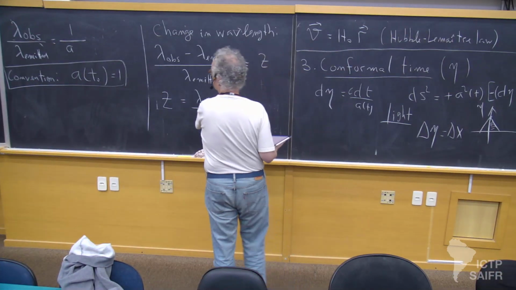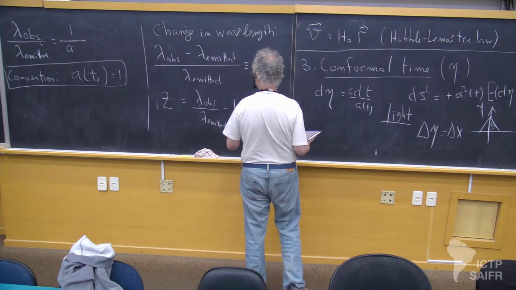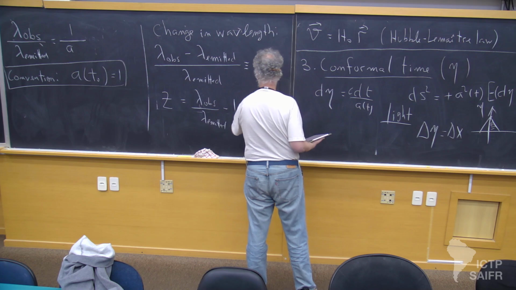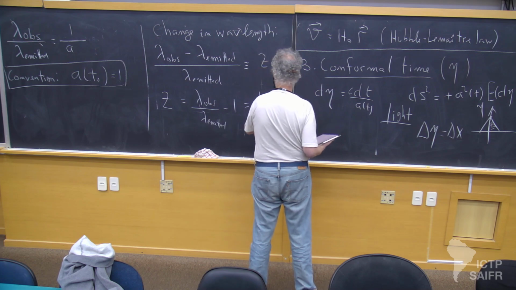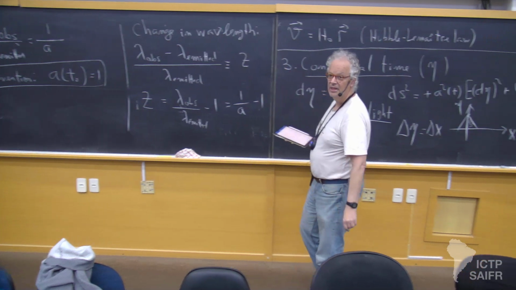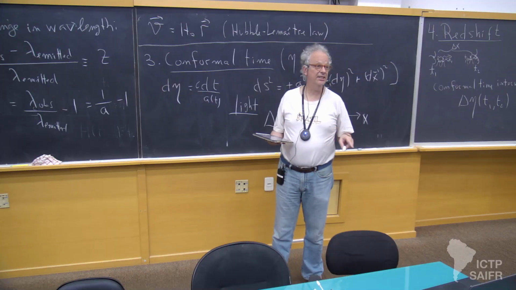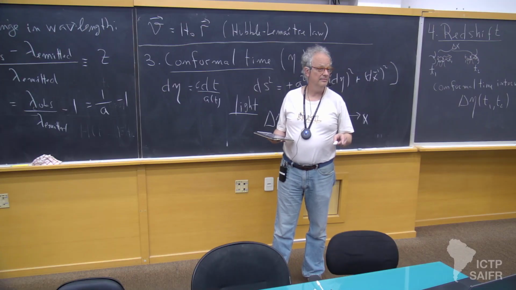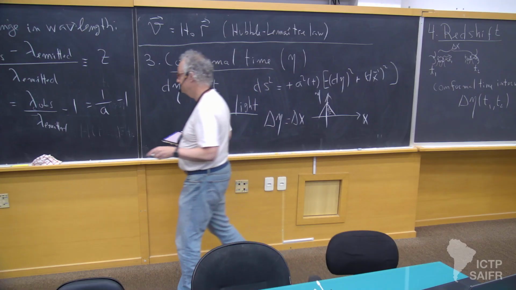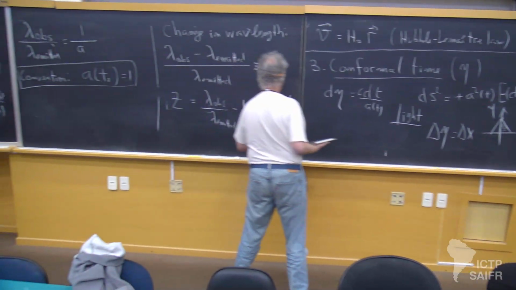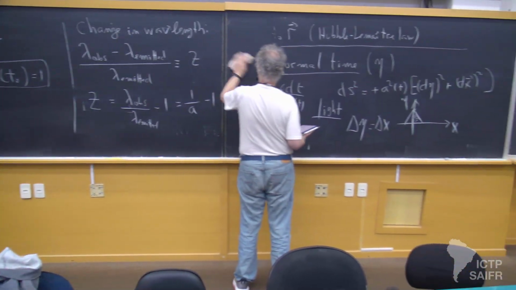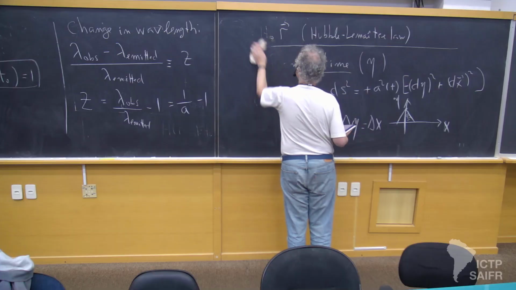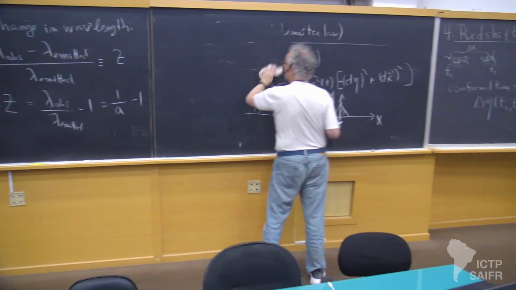But lambda observed over lambda emitted is what? 1 over A. So we have a relation between redshift and the scale factor. And that's something we use all the time. Are there any questions about this?